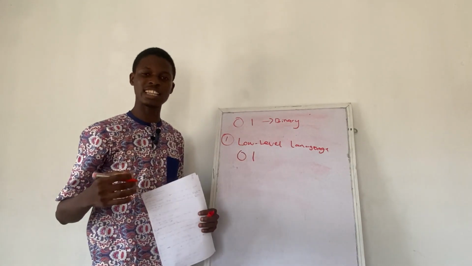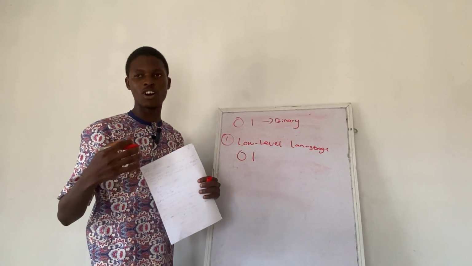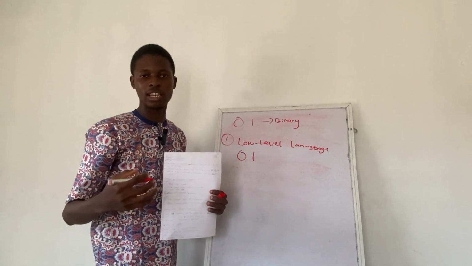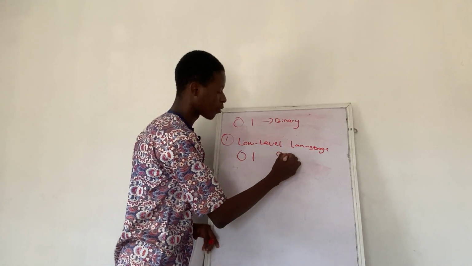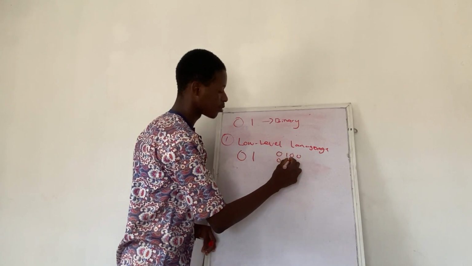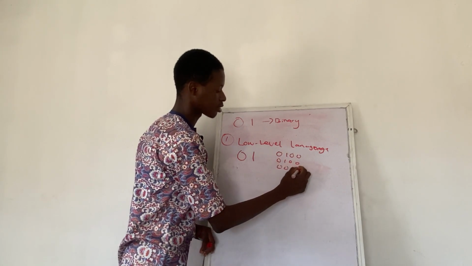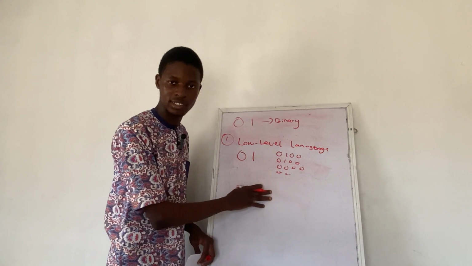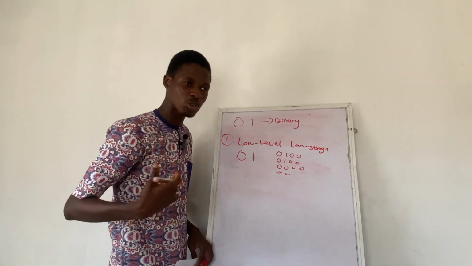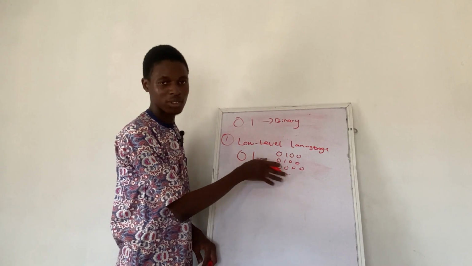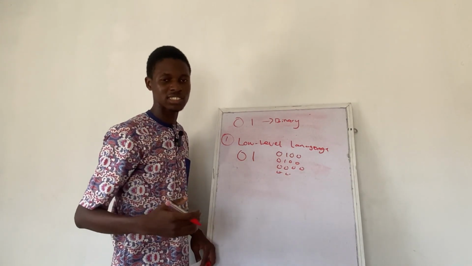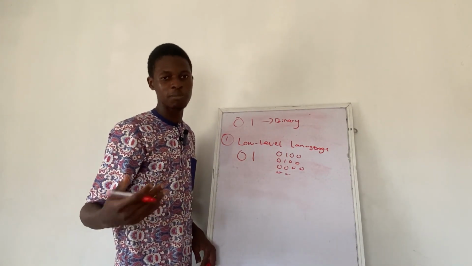So let's say that I want to write into my computer that Favour is teaching. It will be something like 0 1 0 1 0 0 0 0 0 0 0, stuff like this. If you want to communicate with the computer and you need to write this, it's a bit complex and you are bound to make mistakes.